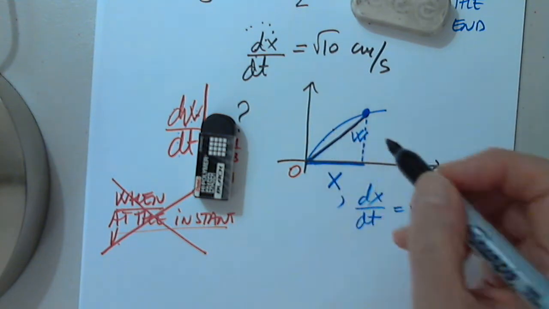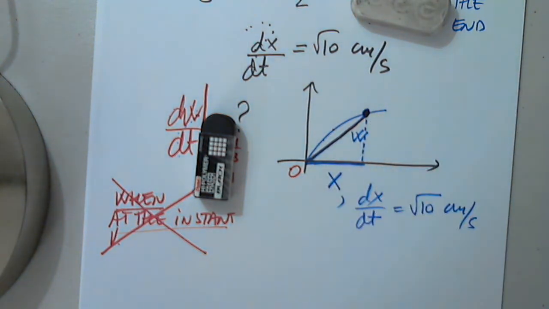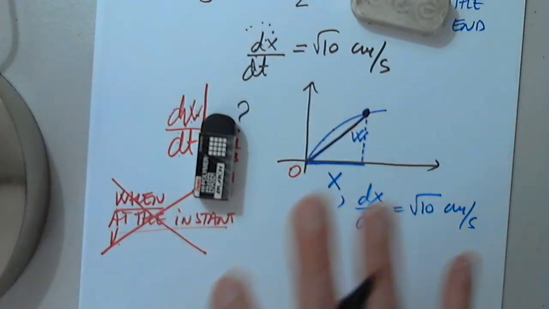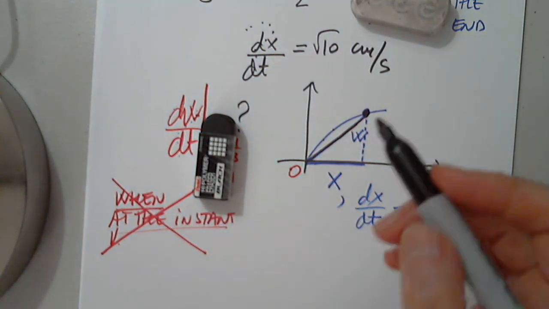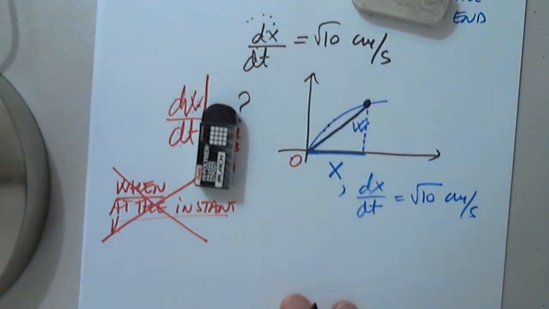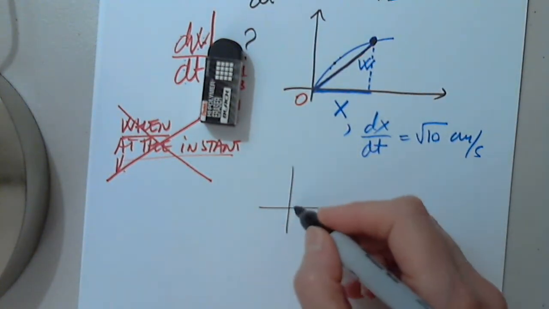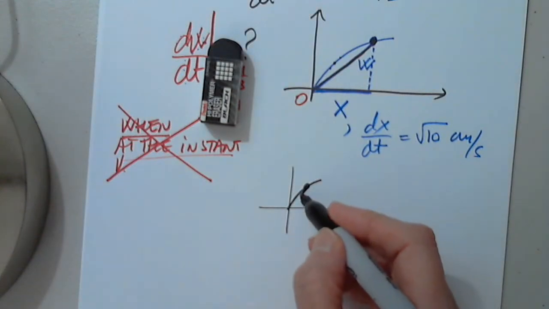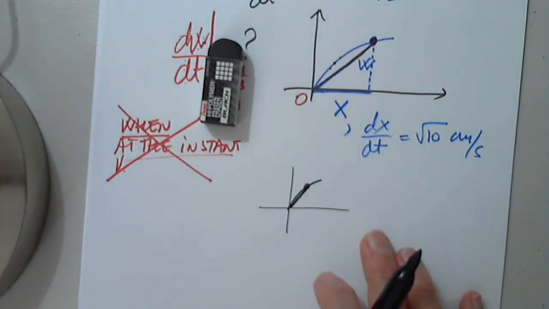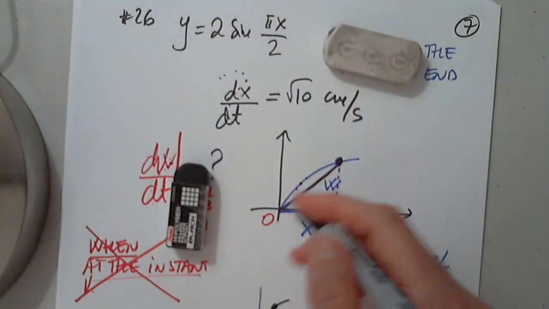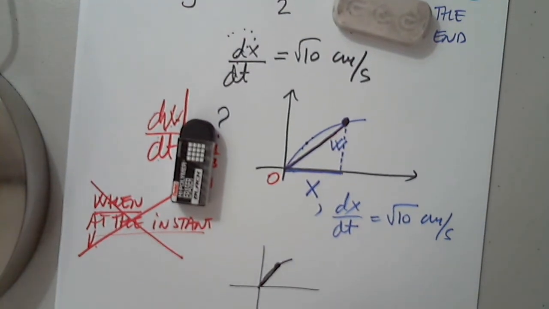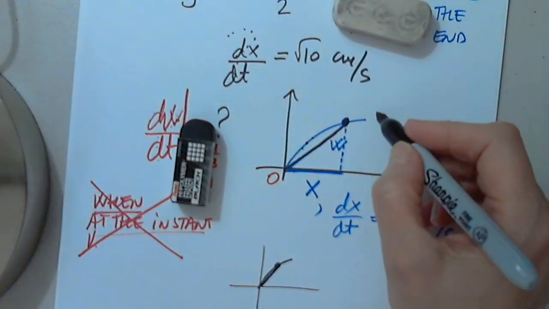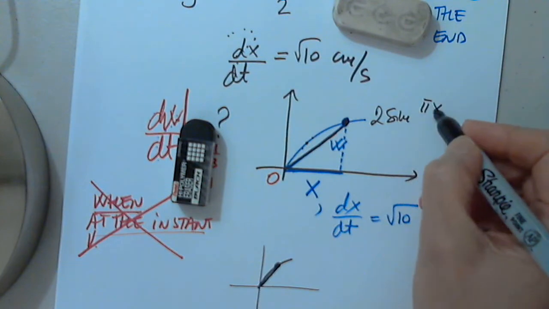So, one more time, the particle moves along this curve, and any instant is this if you want, or this if you want. I chose this point. This point has nothing to do with anything because I can choose it here. I can choose this. But then it's kind of difficult to show the distance. So I chose a generic point anywhere on the curve. And this is 2 sine pi x over 2.